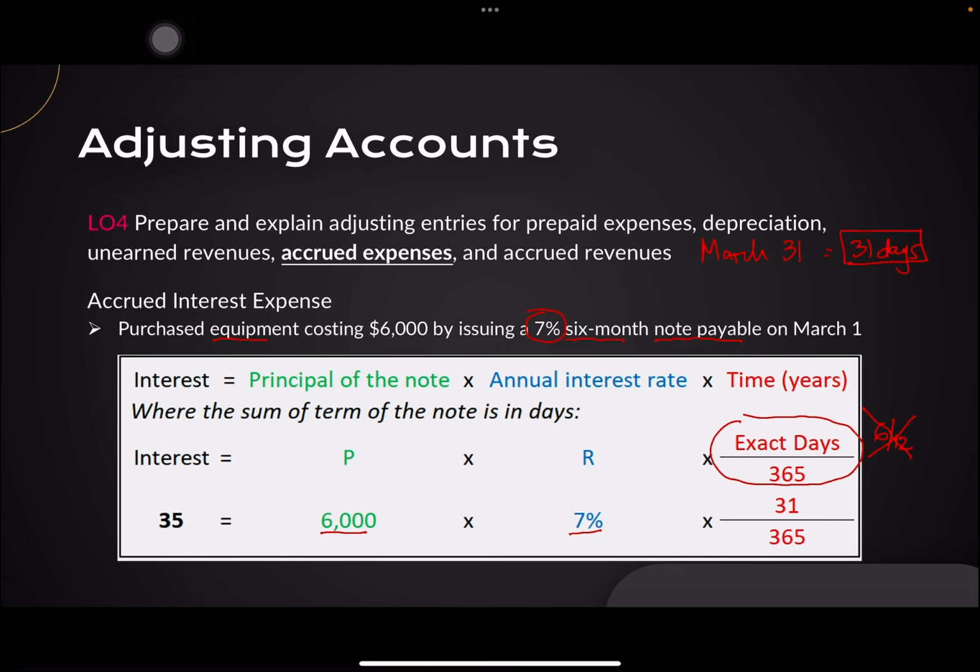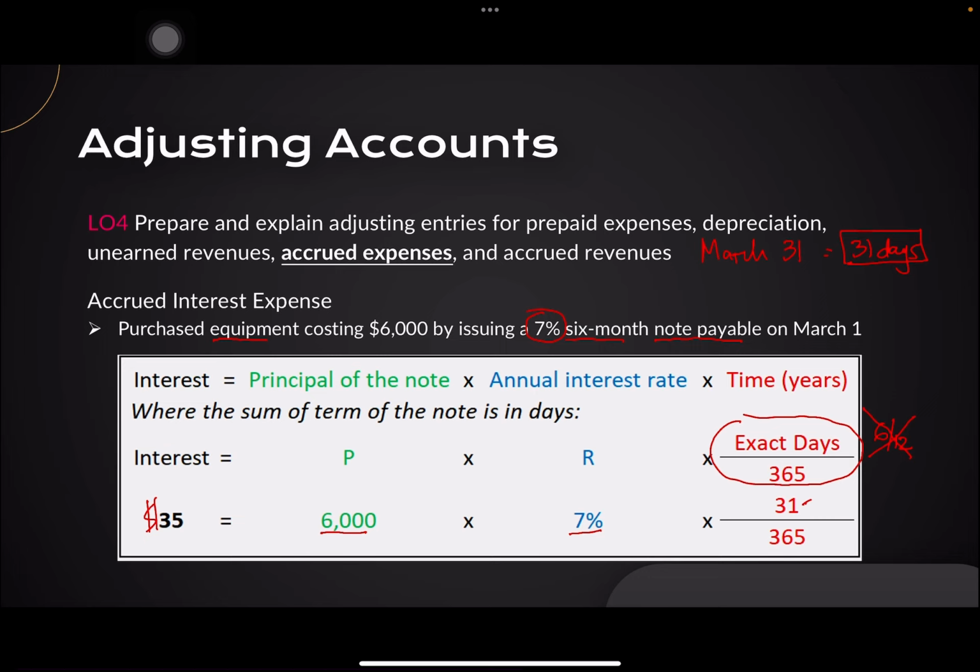That's why we put it here in the numerator as 31, and we divide it all over 365 days. When you get the product of all of these three variables, you would get that the interest expense for 1 month would be $35.